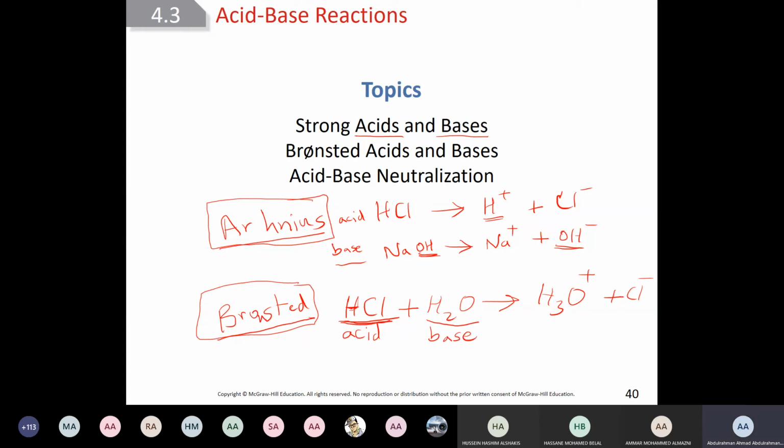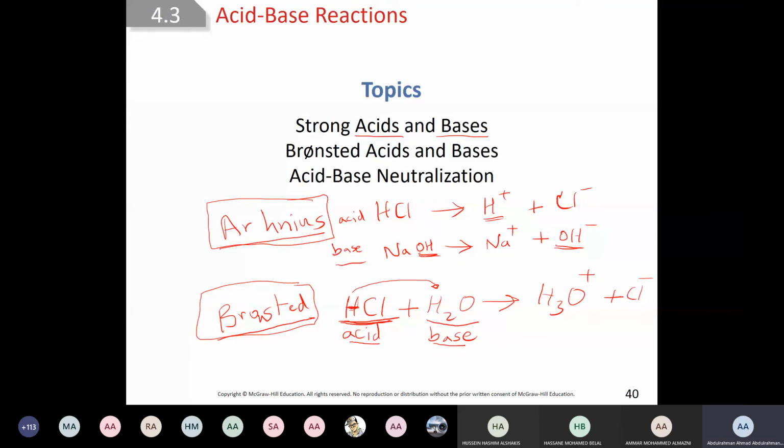So anything that takes H plus is a base. Clear? Doctor, could you write an AOH in the Bronsted way? Just a second, we'll come to this. Okay, good. This is called acid, and this is called base. Why? Because the H went from here to here.